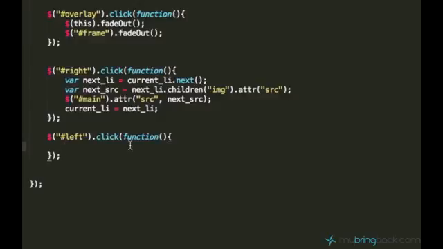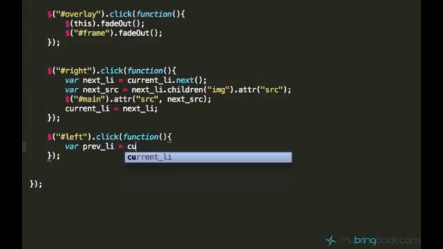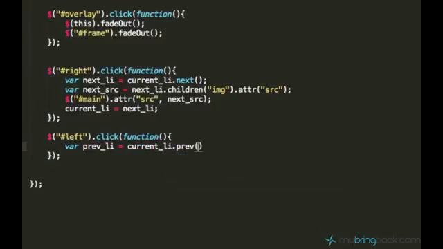And I won't copy the code, I will just write it again. So we create a variable called prev_li, or previous list item, and set it equal to the current li dot prev. And that prev is the same as the dot next, but it just gets the previous element in the list.